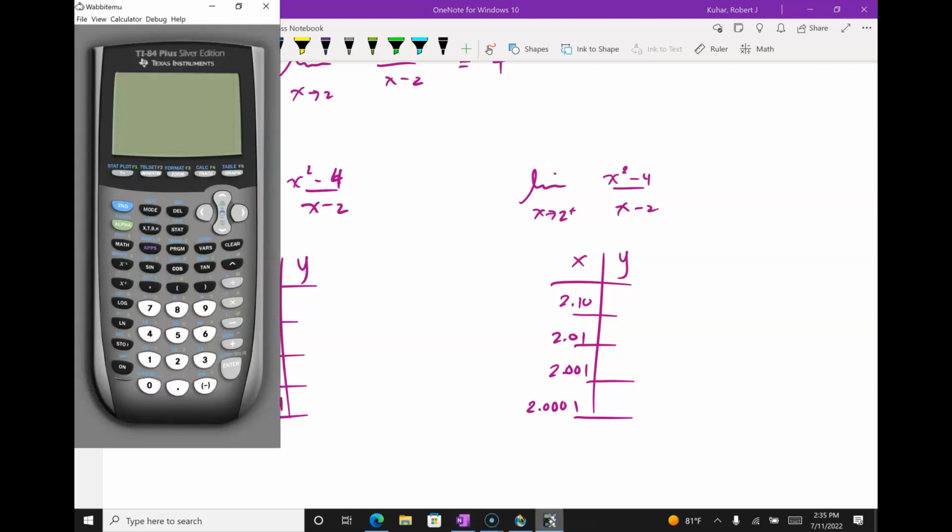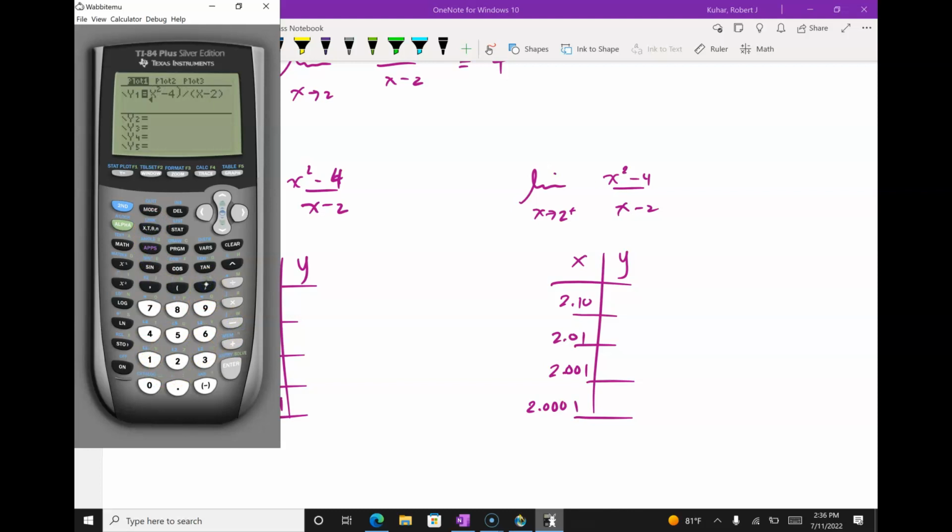So watch how I do this. First of all, in y equal, you got to turn it on, Robert. In y equal, I want to type in the function. It's a multi-term function, so I need to make sure I wrap things in parentheses. So numerator, parenthesis, x squared minus 4, close parenthesis, divided by parenthesis, x minus 2, close parenthesis.